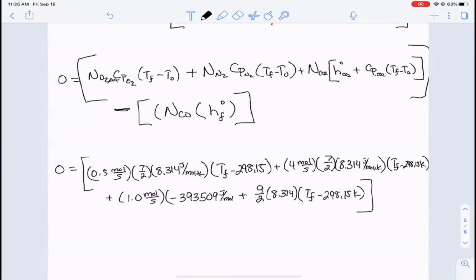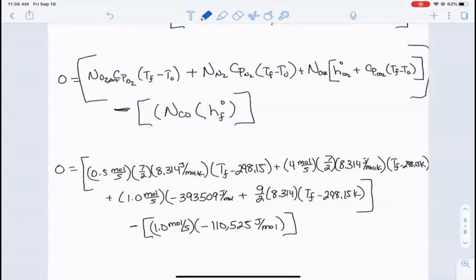So that's the first term, the stuff that is leaving, and then minus the stuff that's entering, and that's just 1.0 moles per second of CO times the heat of formation for CO, which is minus 110,525 joules per mole.